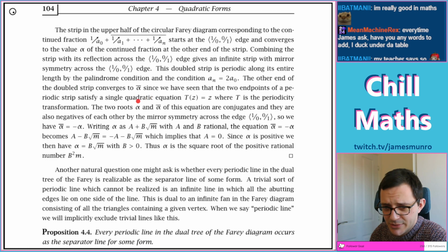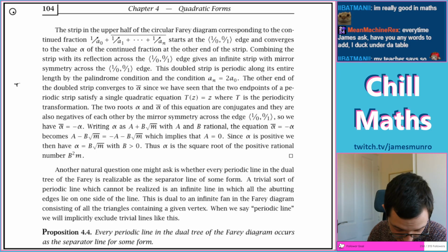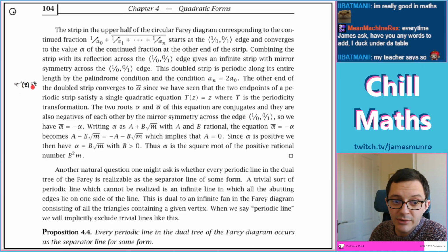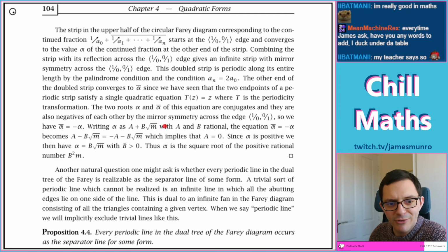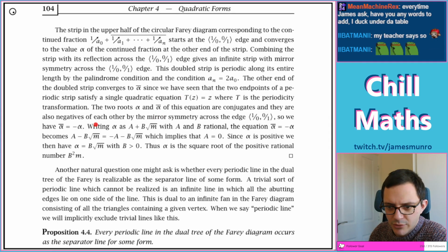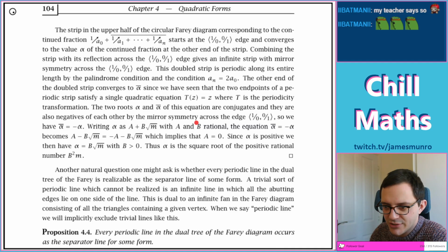Since we've seen that two points satisfy a single quadratic equation, yeah, we had this thing that this is actually the same equation. Going the other way, you get the same equation. It's a quadratic, it's got two roots, it'll be okay. But you only have to solve one quadratic to get the two roots. Also, negatives of each other by the mirror symmetry across this.